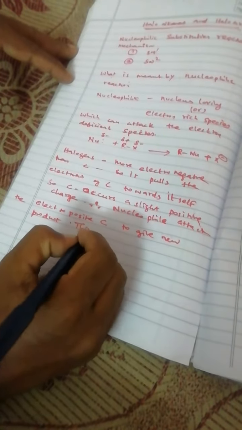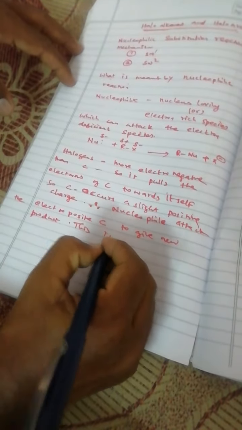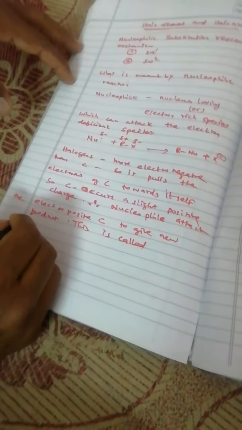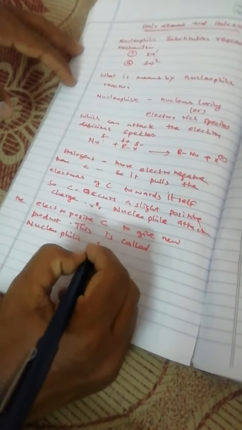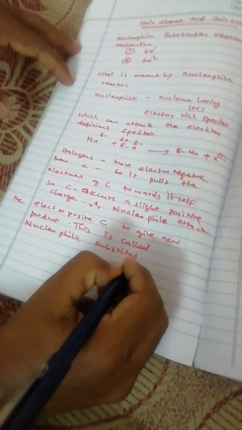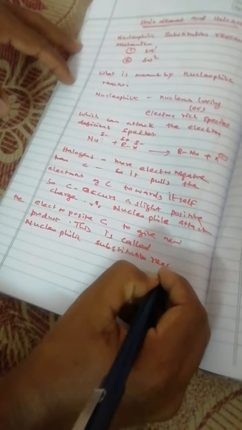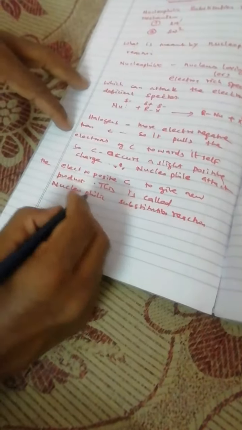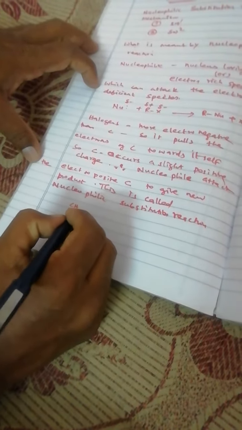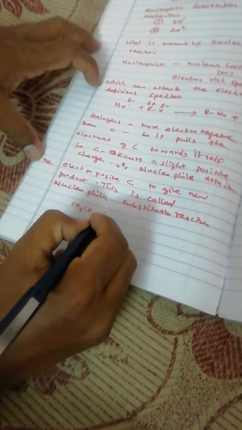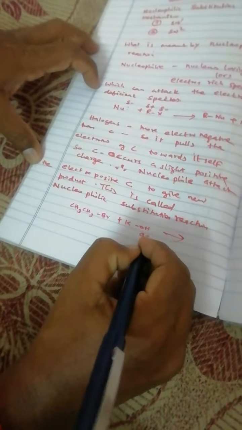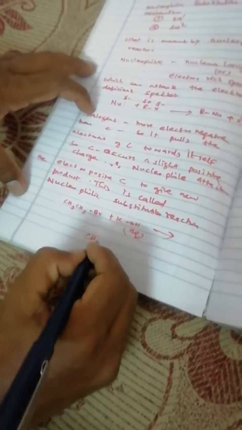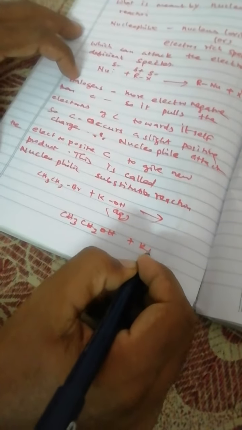This is called nucleophilic substitution reaction. Example, CH3CH2Br plus aqueous KOH gives CH3CH2OH plus KBr.